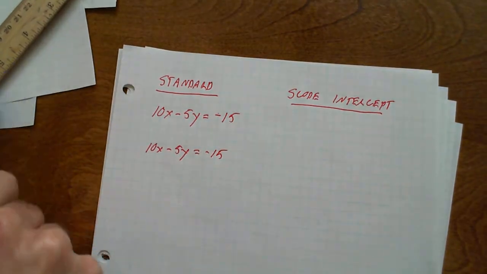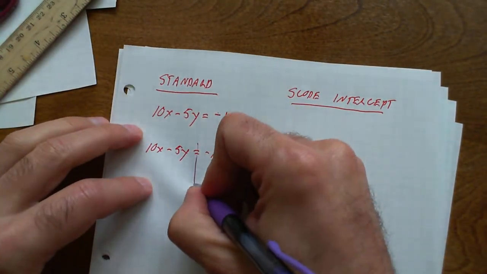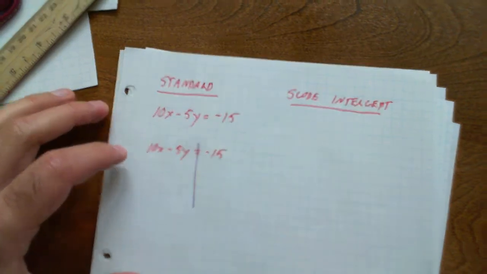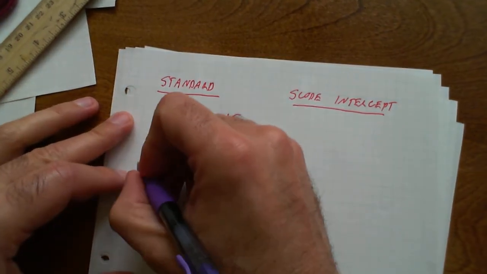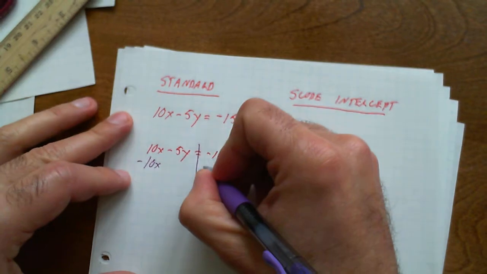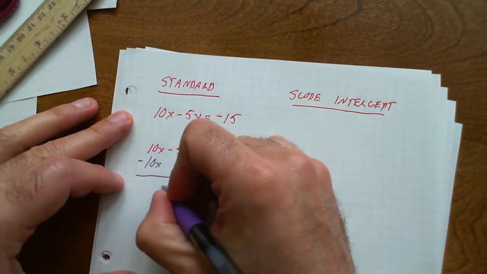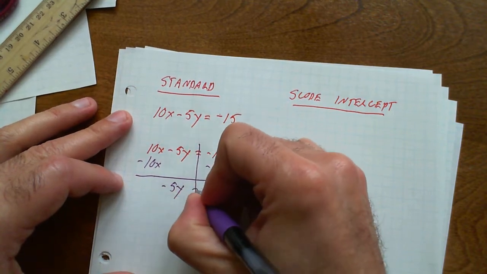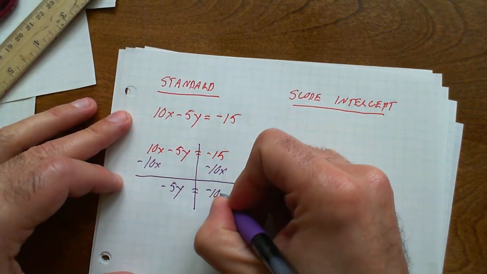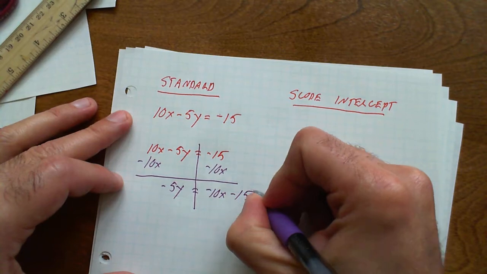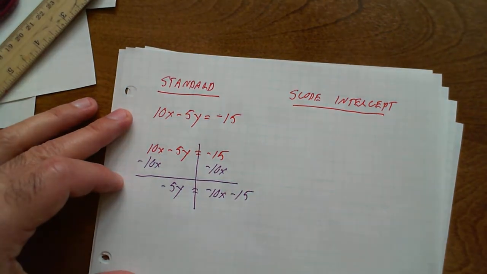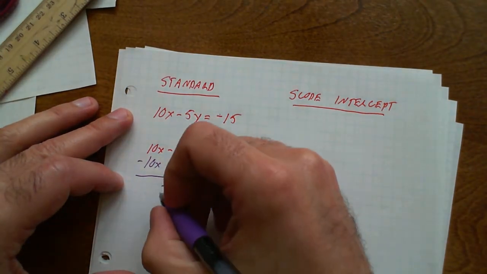Okay, well, first thing I am going to do is subtract 10x. We write this as negative 5y equals, I cannot combine the 10 and the 15, so negative 5y equals negative 10x minus 15.